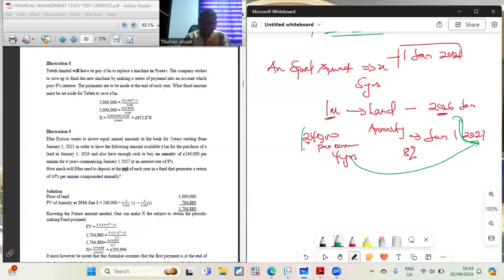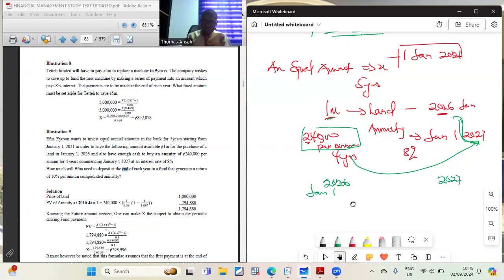To push this per annum figure back to 2026, we are going to apply present value, because when we stand in January 2026, 2027 is in its future.